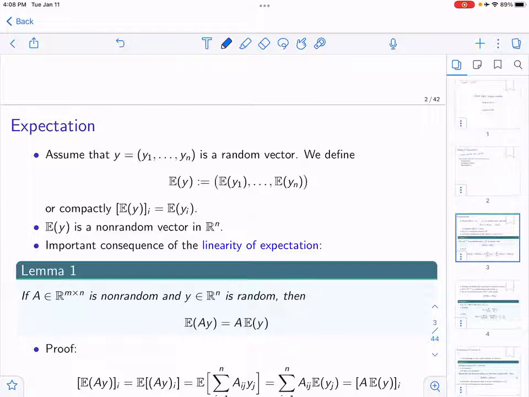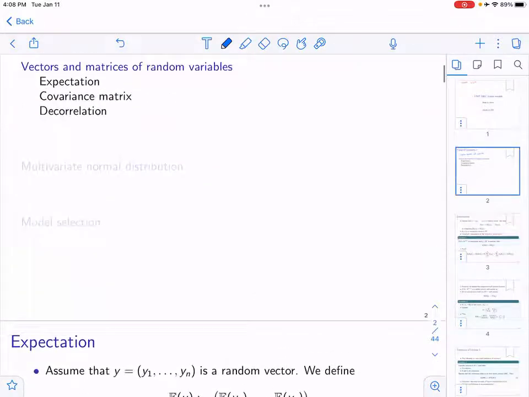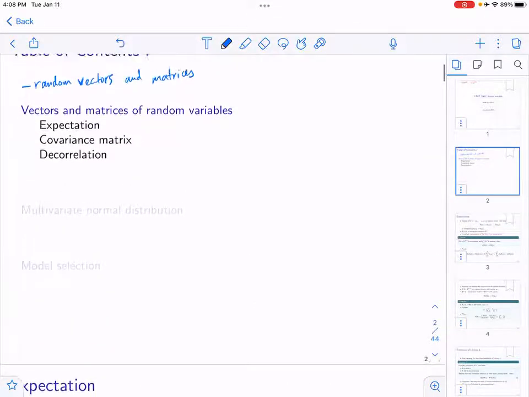How many people know what a random variable is? Yes, one person knows about random variable. Yeah, usually I just mention this first.